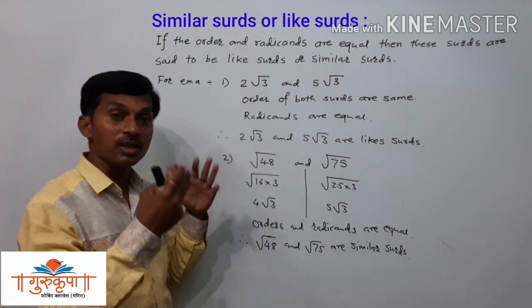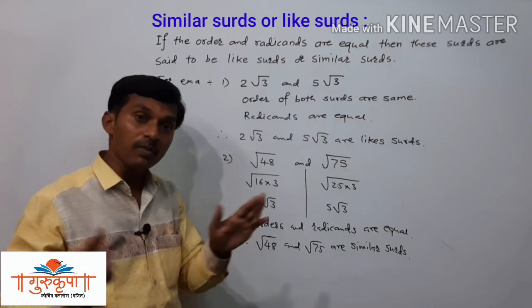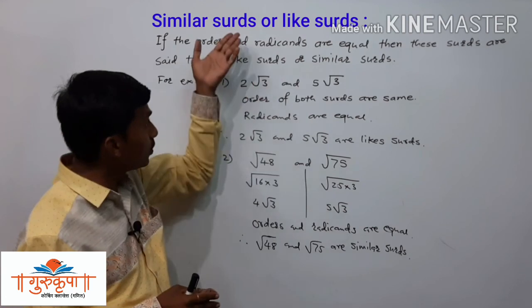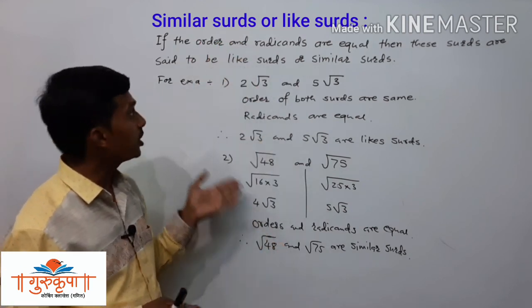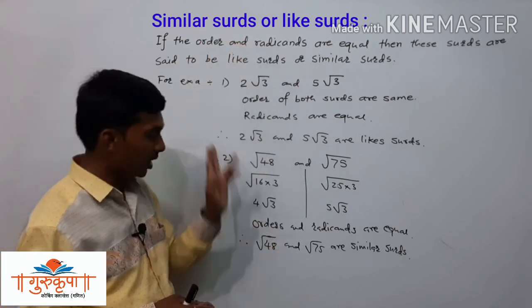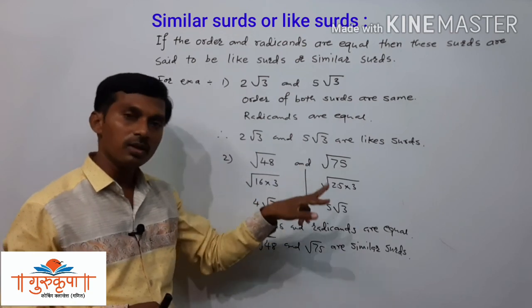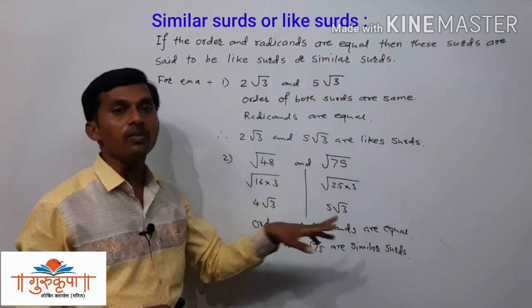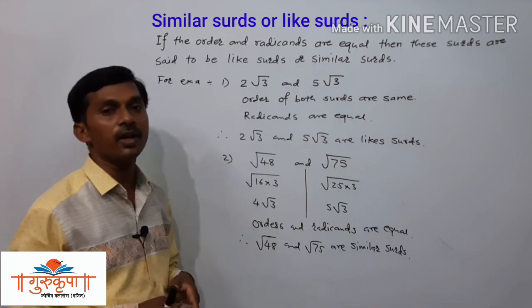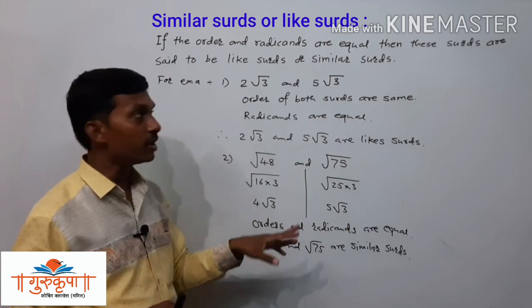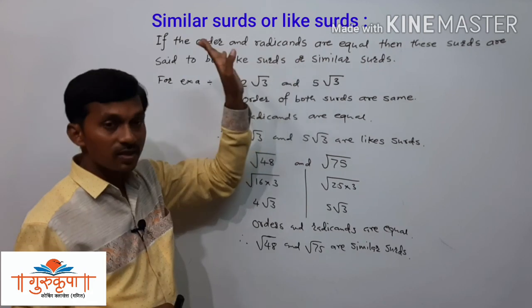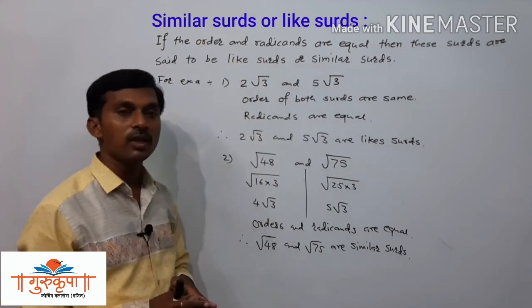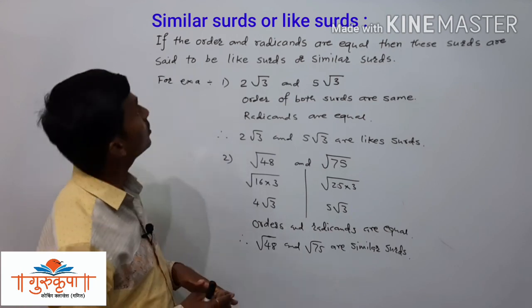If the given surds are not similar, then we are unable to add or subtract them. So we have to identify whether the given surds are like surds or not. If the orders and the radicands are equal, then those surds are called similar surds. So this is all about similar surds.